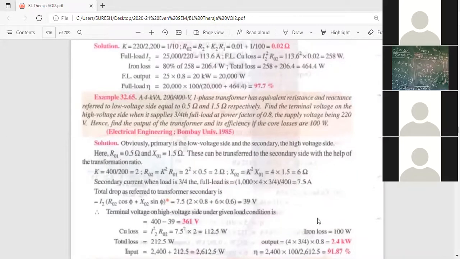Sir, 1933 is present, sir. Yes, sir, there at bottom.